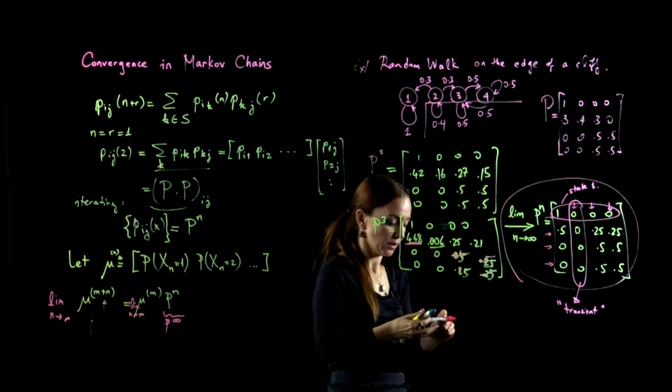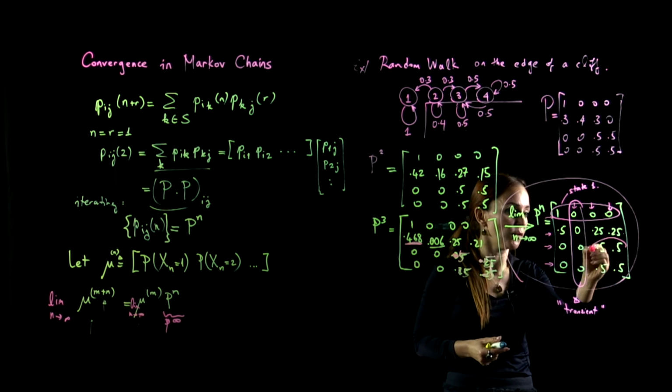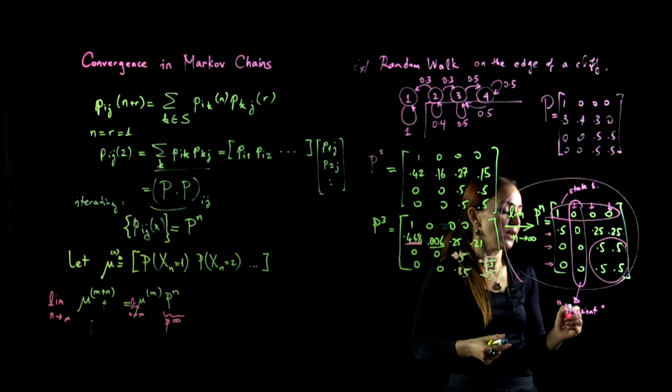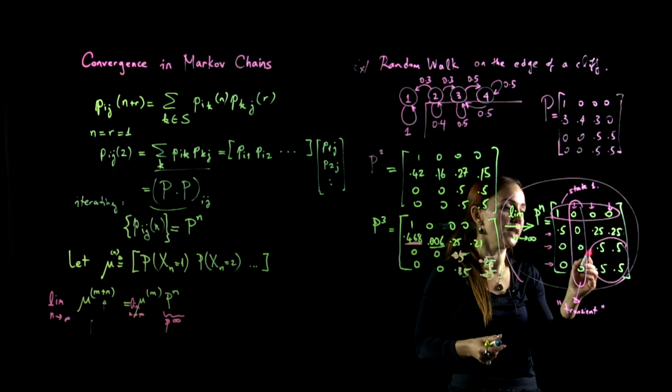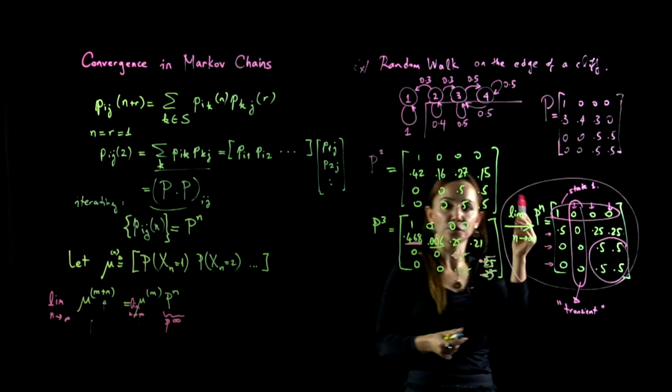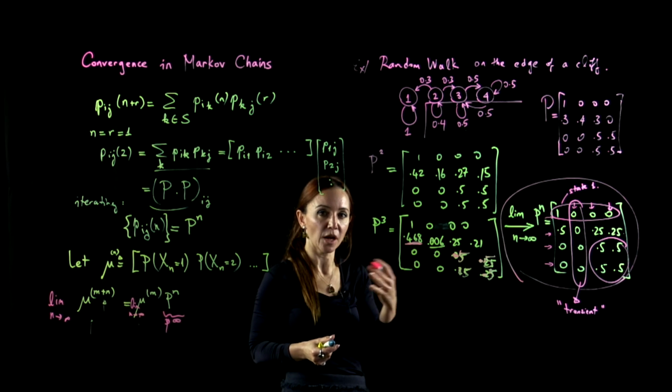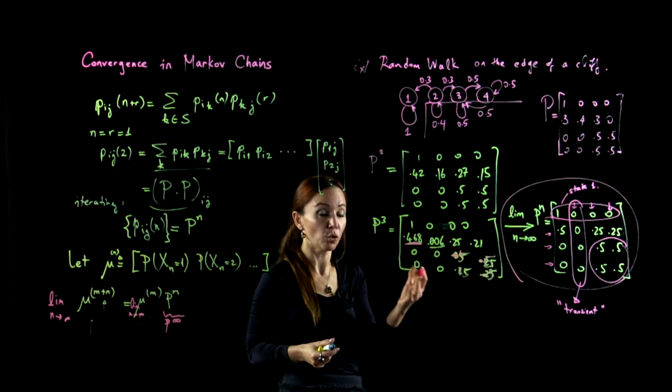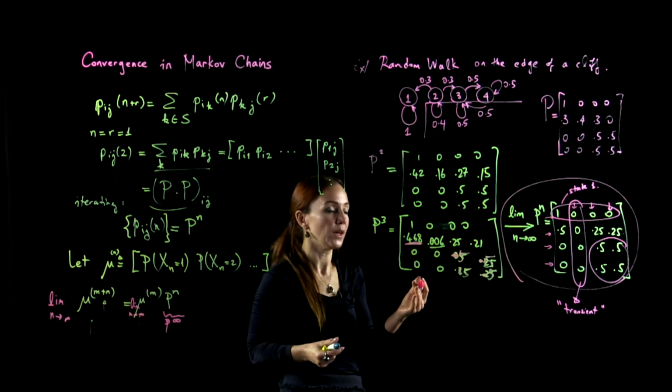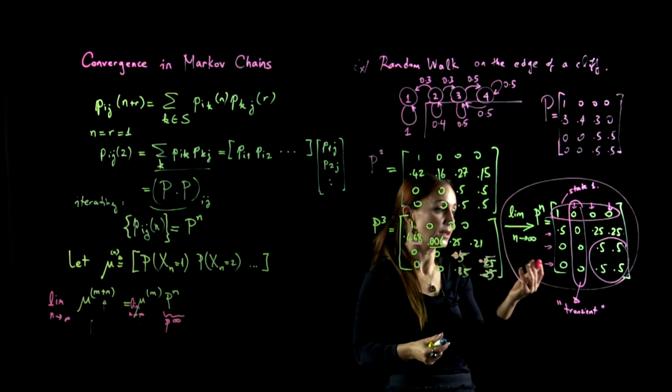Let's look at this particular group of numbers. This says that given that we are in states 3 or 4, we are equally likely to be in 3 or 4 in the next step.